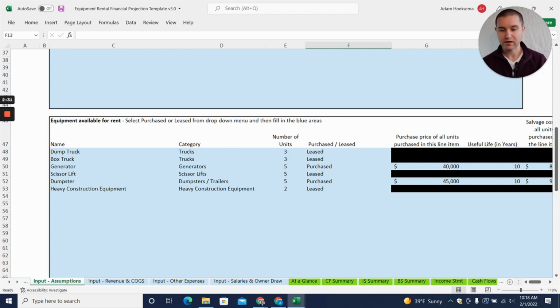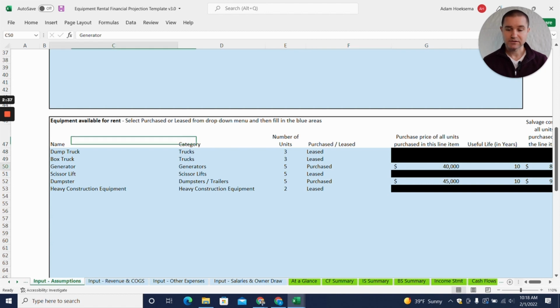I have a number of units of equipment here that I've entered in: a dump truck, a box truck, a generator, scissor lift, dumpsters, and heavy construction equipment. Here we can enter in the number of units that we're purchasing or leasing to make available for rent.